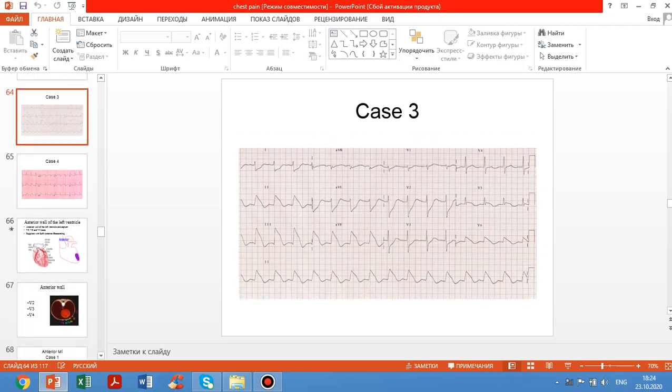Also, you can see on this slide the elevation in the second, third, AVF leads, and reciprocal ST depression in the first, AVL and V1, V2, V3 leads. These are the reciprocal changes.